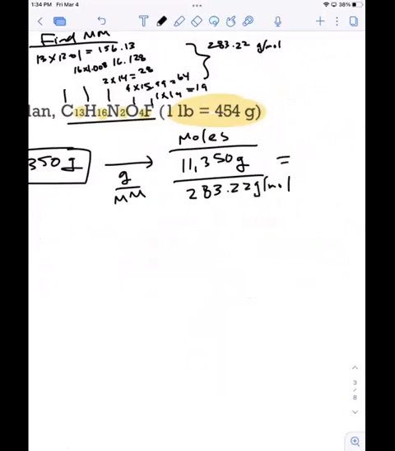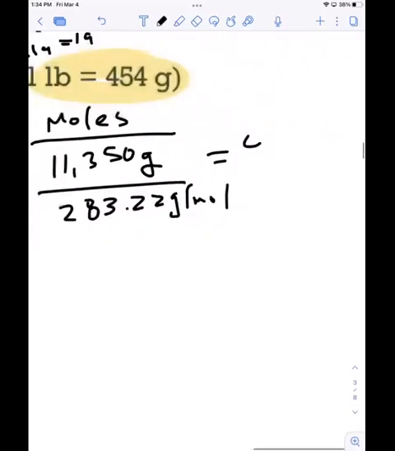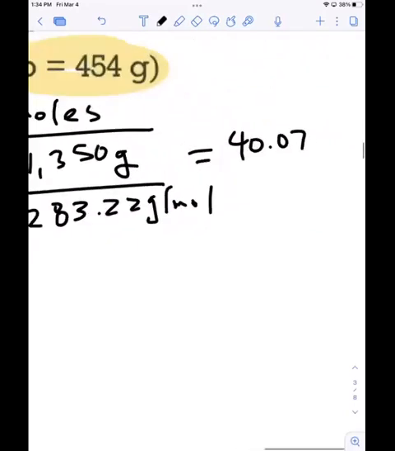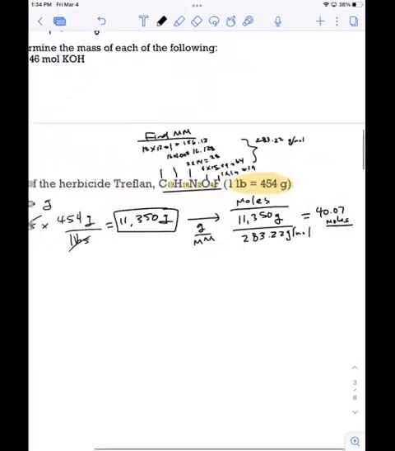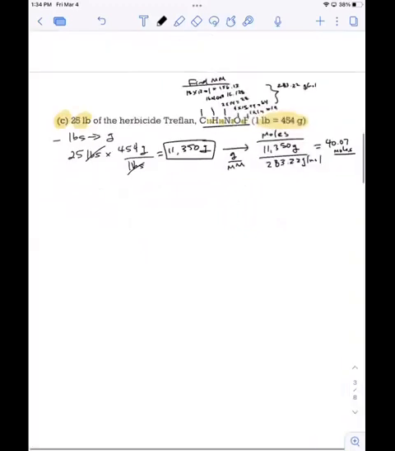What do we got? 40.07. Okay, great. 40.07 moles. That's the total. So when it's asking for the number of moles of each atom, when we calculate the moles of every one of those atoms, the sum should add up to 40.07.